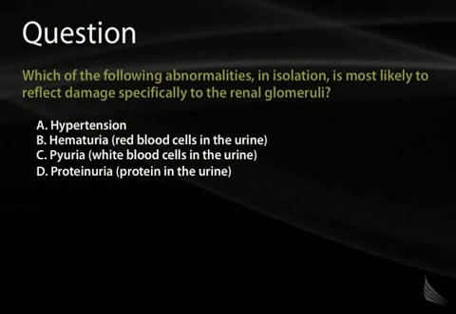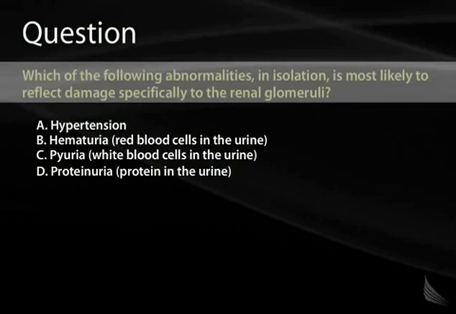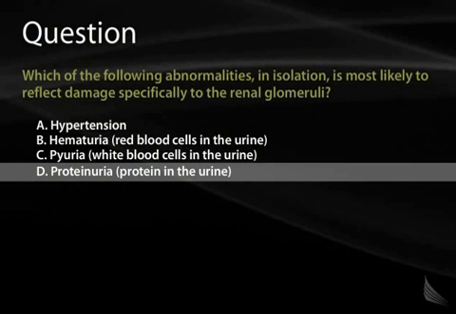Let's go through another question. Which of the following abnormalities in isolation is most likely to reflect damage specifically to the renal glomeruli? A. Hypertension, B. Hematuria, C. Pyuria, or D. Proteinuria. The correct answer is D. Proteinuria.